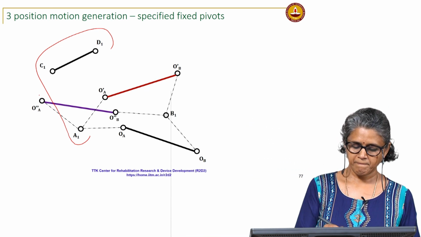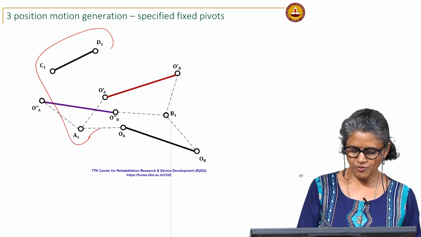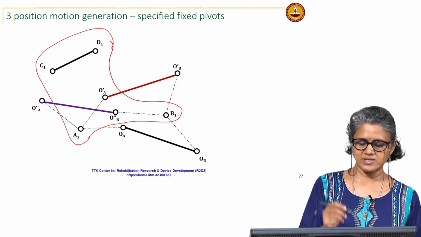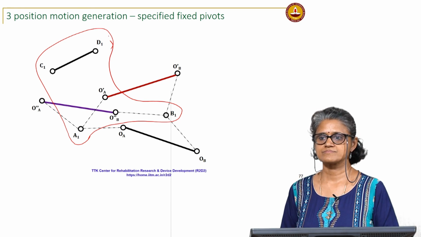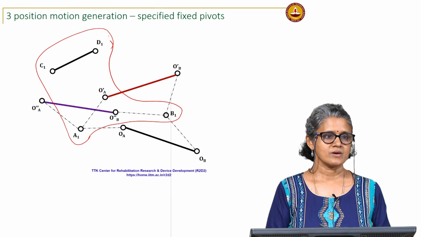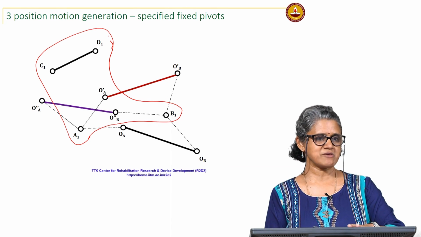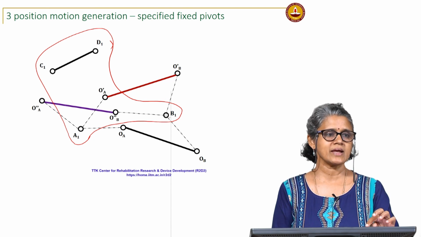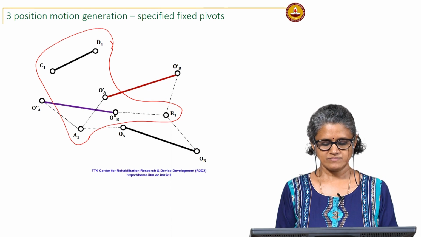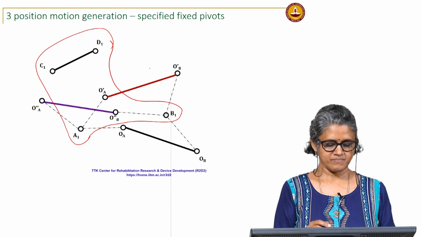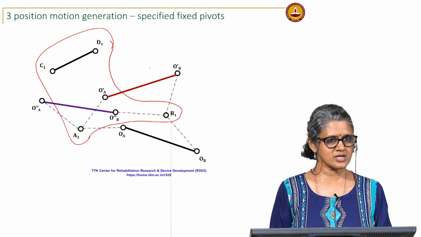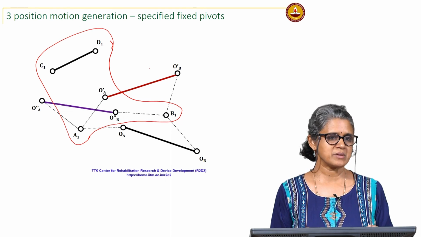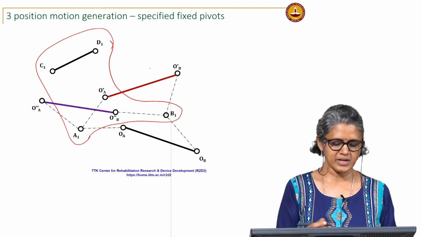Similarly, B1. So, if my body was shaped like this, okay, that right now that is my fixed link. Okay, this is where I would have to locate A and B, so that OA dash moves along a circular path from OA to OA dash to OA double dash, right.